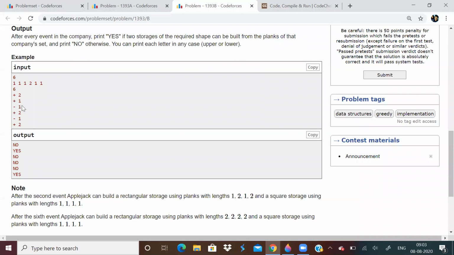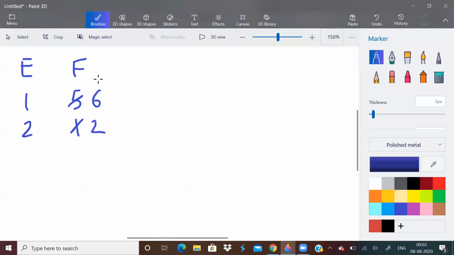Now we remove 1, so it became 5. When it is 5, we could not do it, so now also we cannot do it. We add another 2, so the frequency of 2 becomes 3. Can we make a rectangle and a square? No. You can try. We cannot.